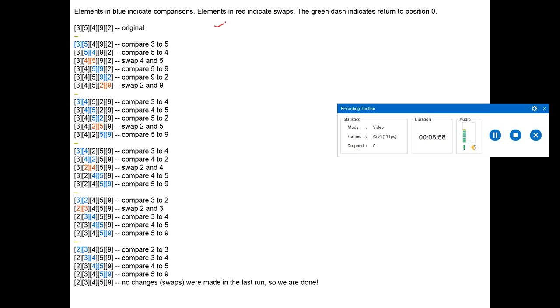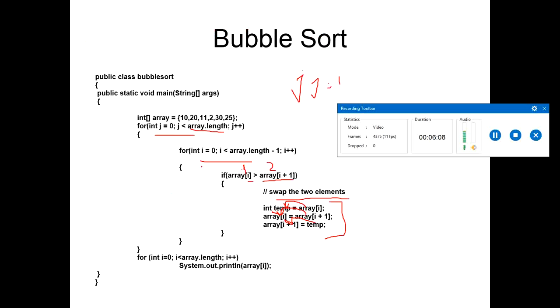Alright, so initially I have j equal to 0, and I start with i equal to 0. If you go back, for j equal to 0, the inner loop repeats until array length minus 1. When j is equal to 1, again the inner loop repeats.